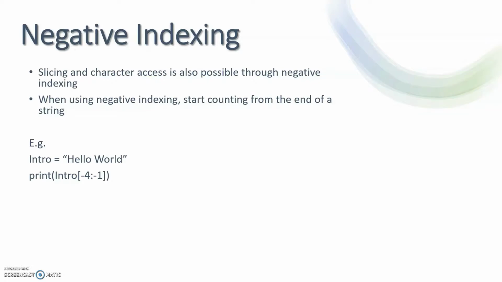The thing about negative indexing is that we don't start counting from the beginning of the string, rather, we start counting from the end of the string. And in this case, the starting number is actually not 0, it's -1, also known as the end of your string. Now let's look at an example so we can be familiar with using negative indexing.